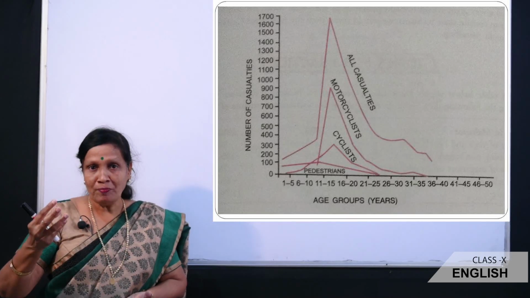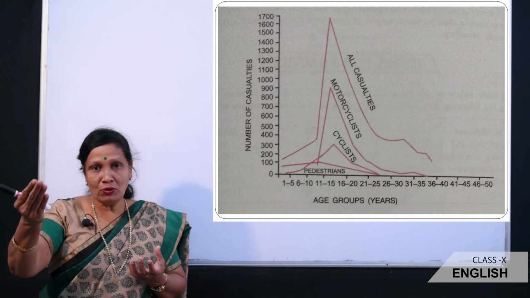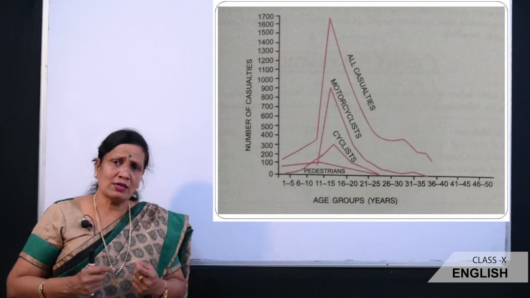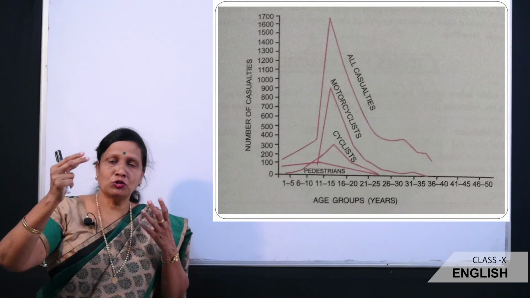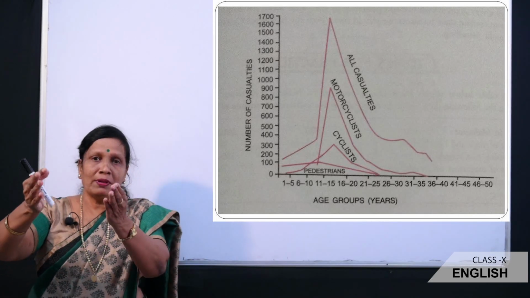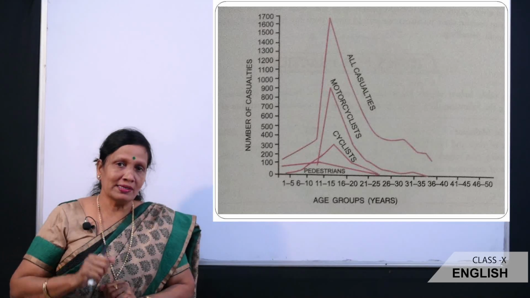So you need to analyze, once you look at this graph, what is the cause, why so many accidents are caused by people who drive two-wheelers.